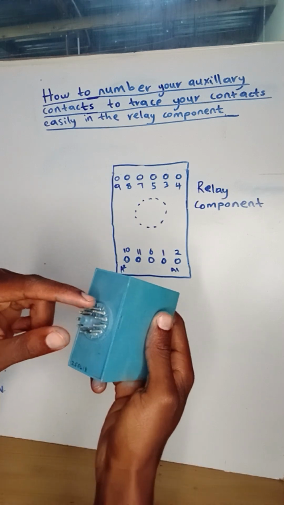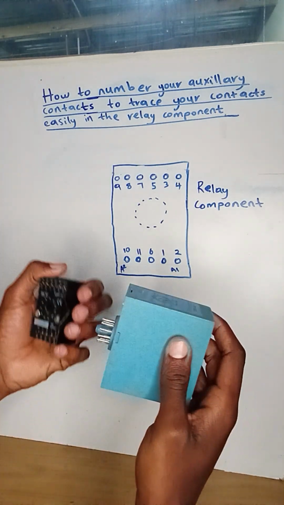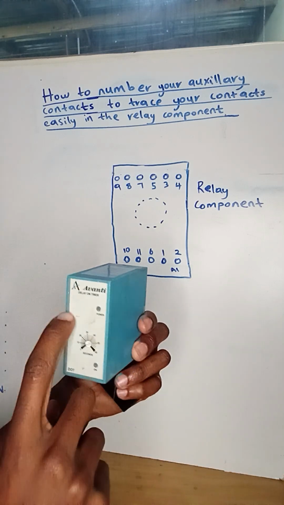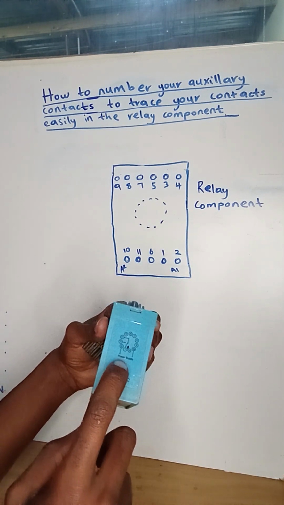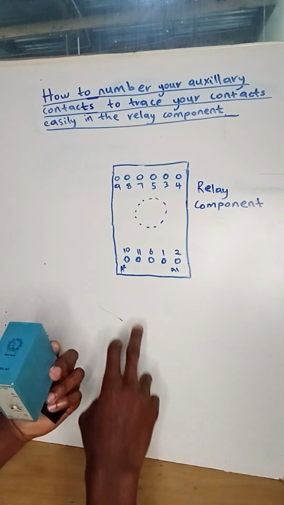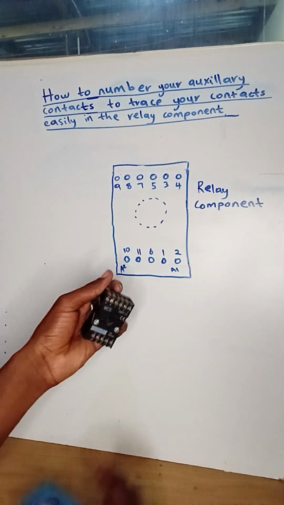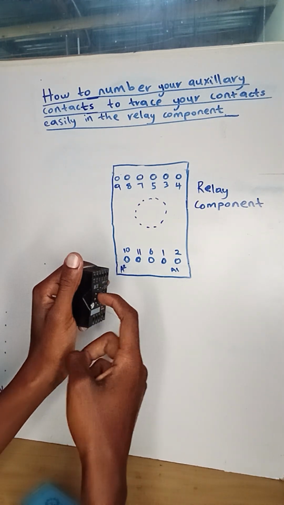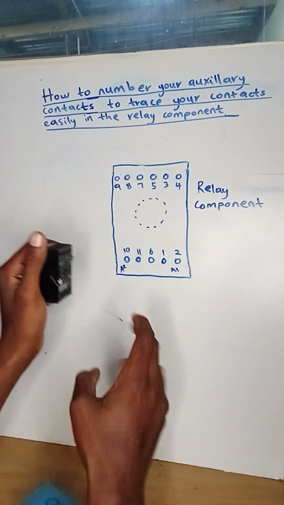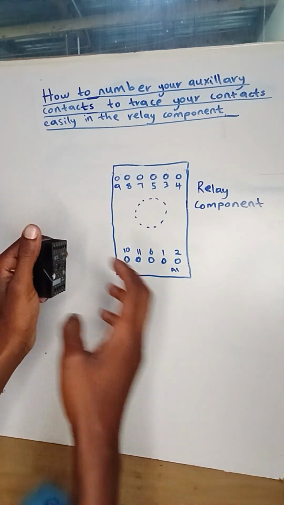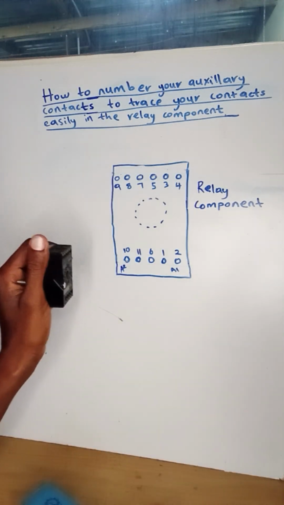If you check this timer, on top of it, there's a sketch here. So what I'll do is draw the right sketch for the right component that needs to be inserted here. I'll draw the sketch of the relay that needs to be inserted in the relay component.